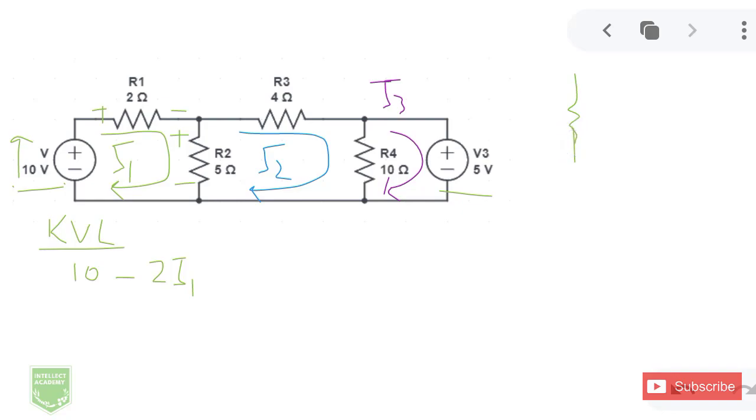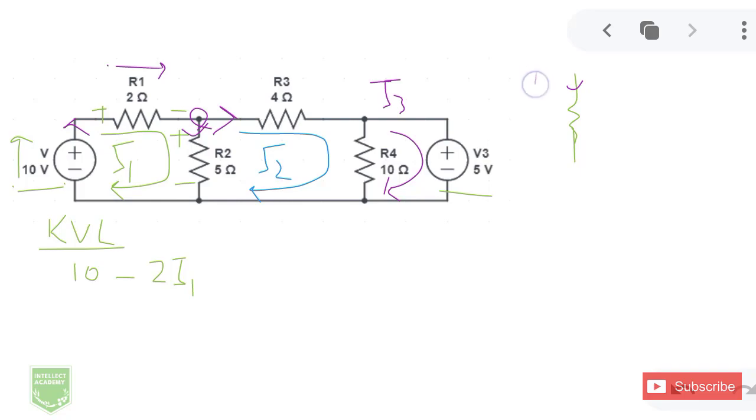So looking back at the original diagram, I can see that a source current would have left the 10 volt battery. It entered the 2 ohm resistor, and then it would divide into two parts. One would be through the 4 ohm resistor, and the other one would be through the 5 ohm resistor. So the 5 ohm resistor is receiving a current that is going downwards.